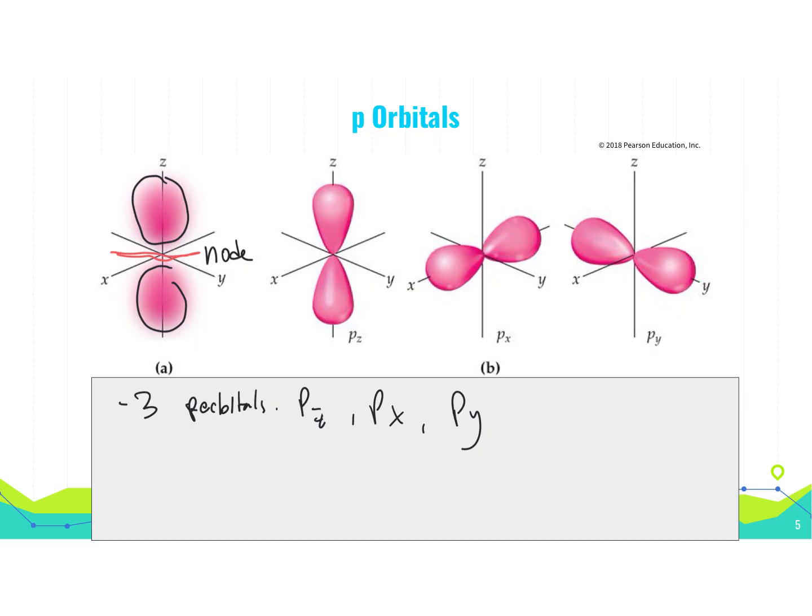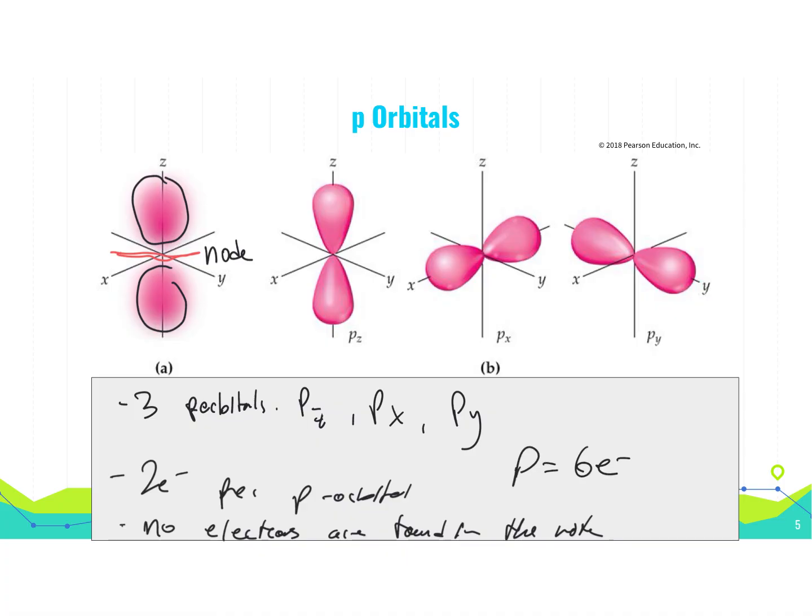Essentially, the direction of the orbital is whichever axis it's on in a 3-coordinate graph. These hold 2 electrons per p orbital, and once again no electrons are found in the node. Because we have 3 different p orbitals and each holds 2 electrons, the p orbitals hold 6 electrons total.